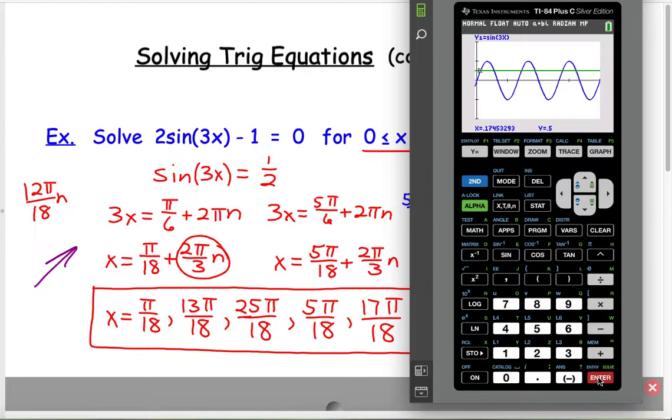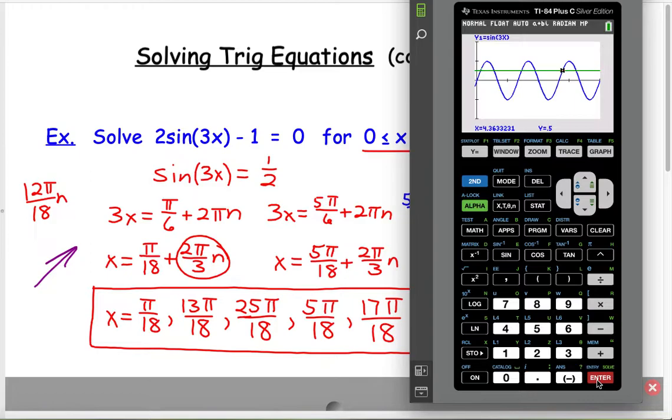So 13 pi over 18, it's that next one on the way up. And then if I jump over to the last bump on the way up, that should be 25 pi over 18. And sure enough. So those were my first 3 solutions for that 3x equals pi over 6.